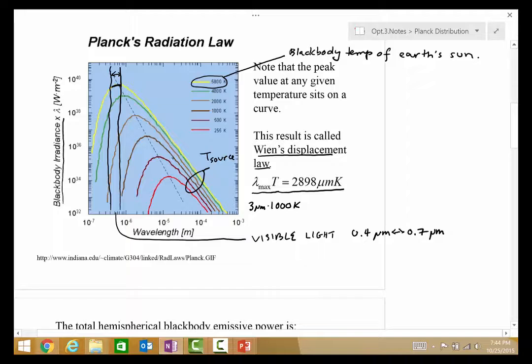So this is 1,000, and the peak is at, so this is 1, 2, 3. So 3, which is correct. So our 3 micrometer condition has a peak for a 1,000 Kelvin source. And so this is very useful in understanding the limits of where we sit in terms of wavelength and temperature.